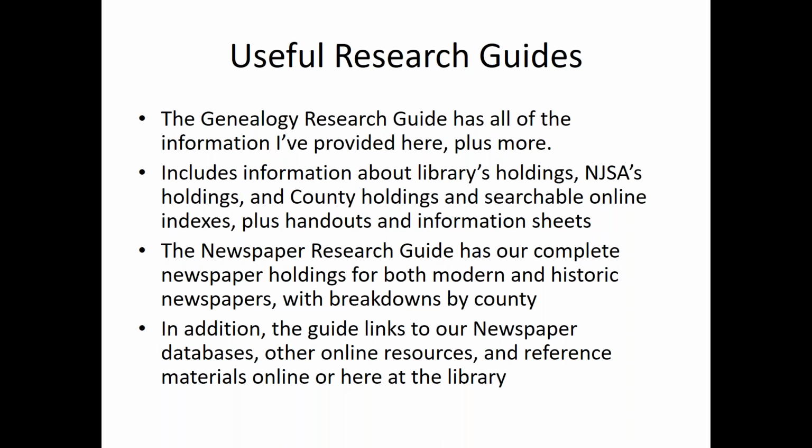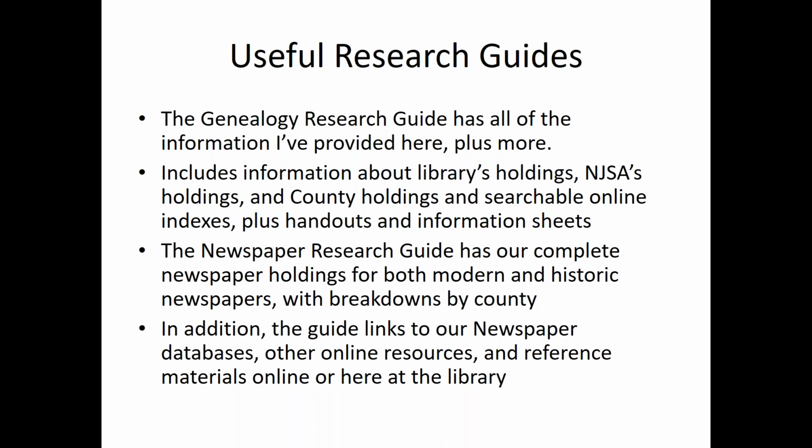And it has additional information, like there are many primary documents collections I didn't get to discuss, such as the naturalizations collection, which is highly useful. Information about New Jersey naturalizations is up on the Genealogy Research Guide. It includes what I have tried very hard to do, because many people are very confused about what is the New Jersey State Library?